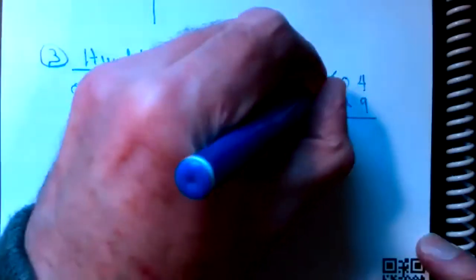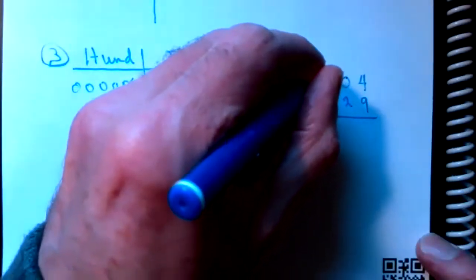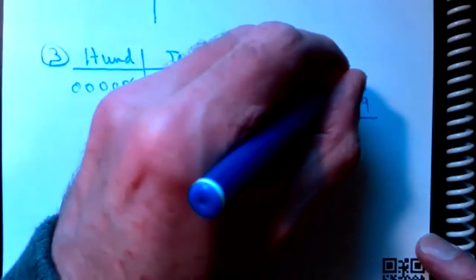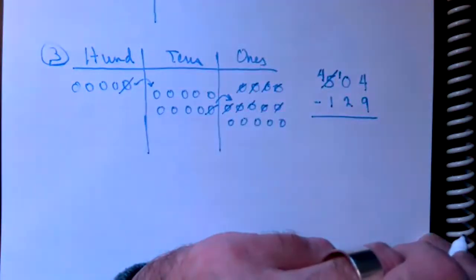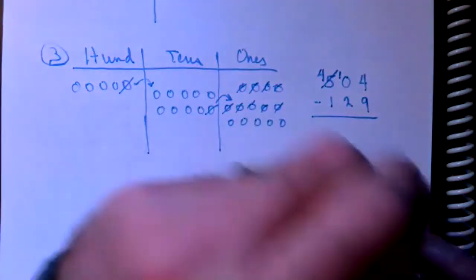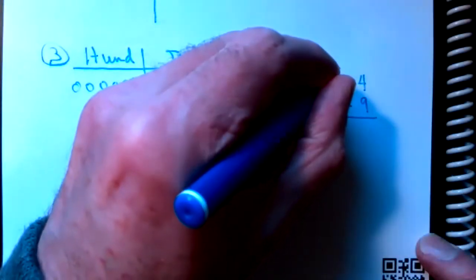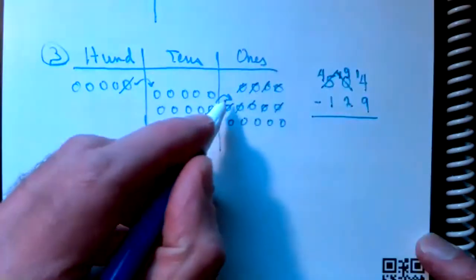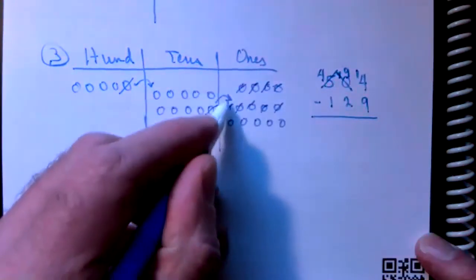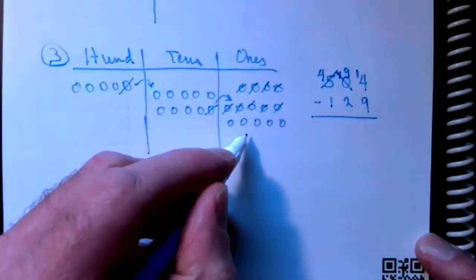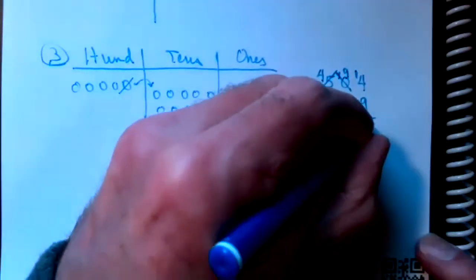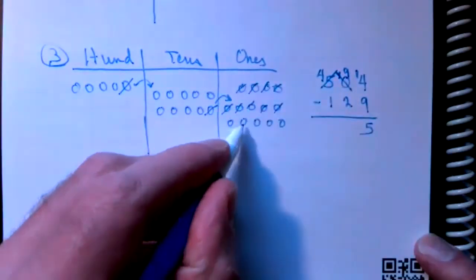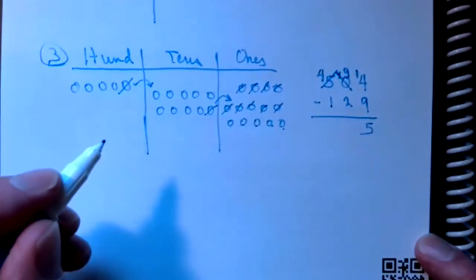We had to trade in one of the hundreds chips, leaving us with 4, giving us 10 chips in this tray. All right, now we had to trade in one of those, leaving us with 9 chips in the tens tray and giving us 14 chips here. From those 14 chips, we took away 9, and we were left with 1, 2, 3, 4, 5.